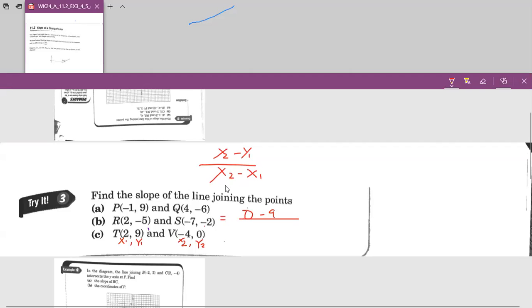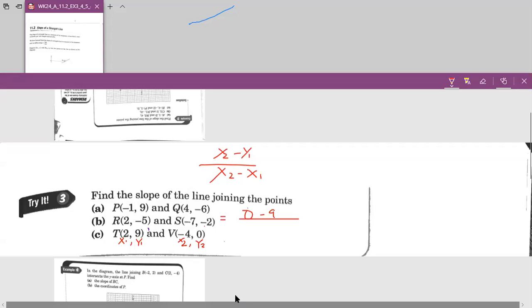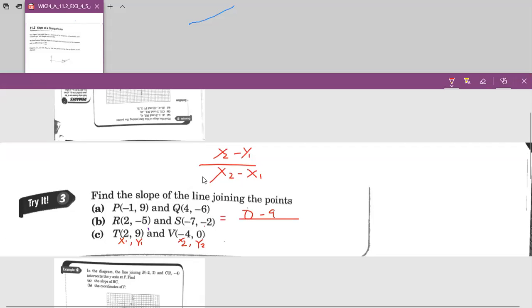And Hudson, can you tell us what is x2 minus x1? Sorry, Hudson, can you say it again? Negative 4 minus 2. Negative 4 minus 2. Good job.